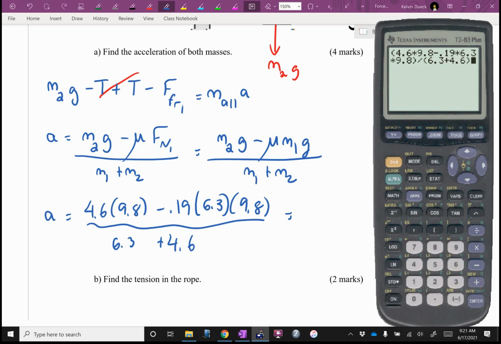And I get, built-in error check. I know the fastest mass 2 could accelerate in free fall is 9.8, so it's going to be less than 9.8. Hey, it is 3.06.